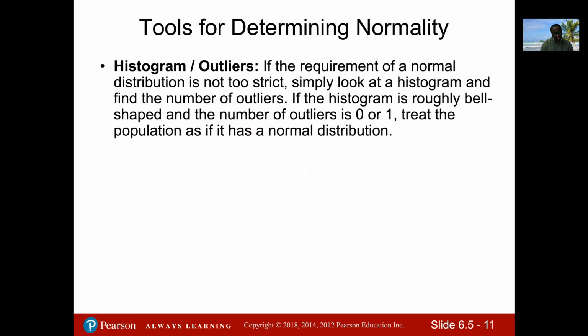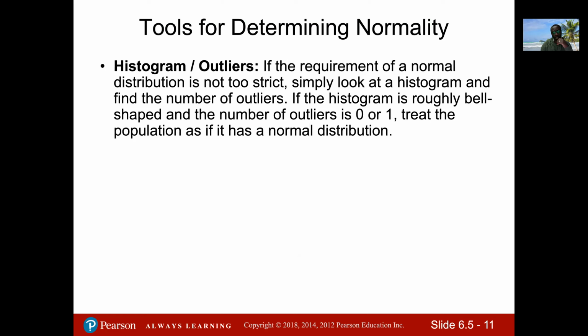Now in statistics, sometimes when you have this, there are certain ways that we can do some transformation. So, tools for determining normality. In this class, we can use a histogram. If the requirement of normal distribution is not too strict, simply look at the histogram and find the number of outliers.